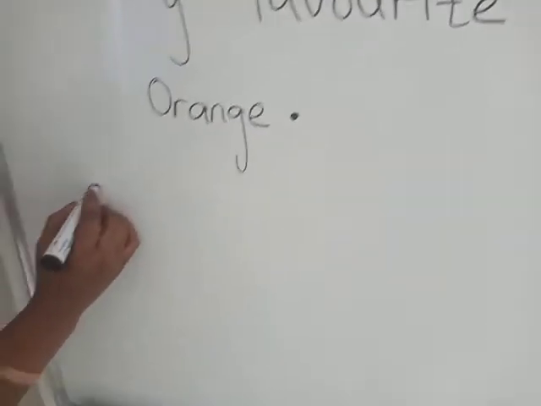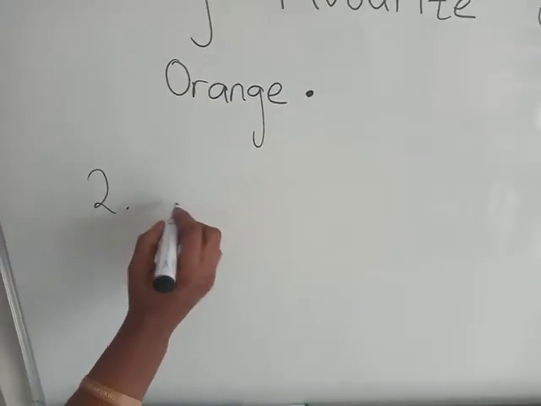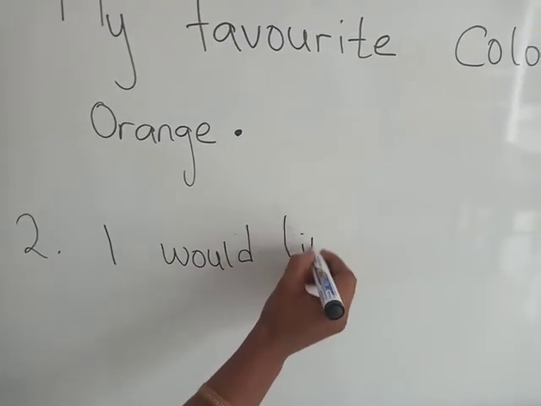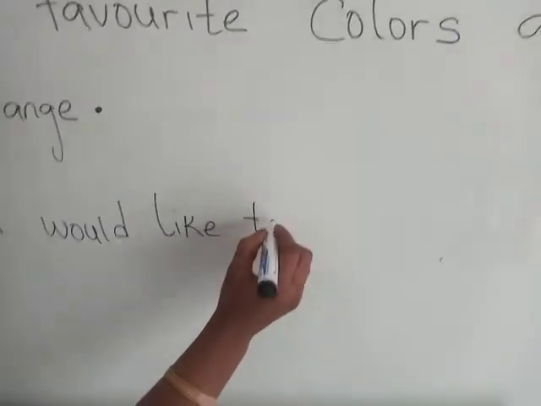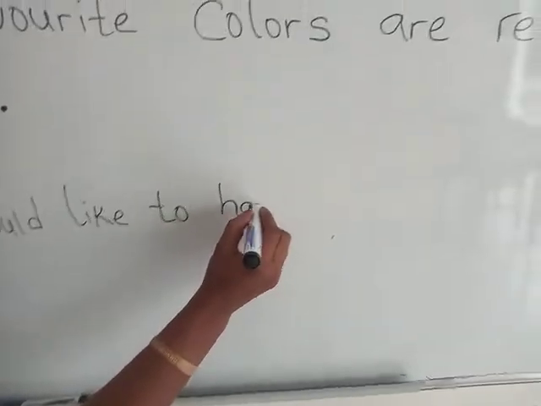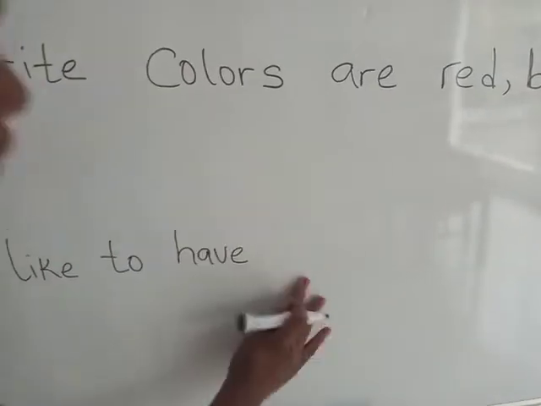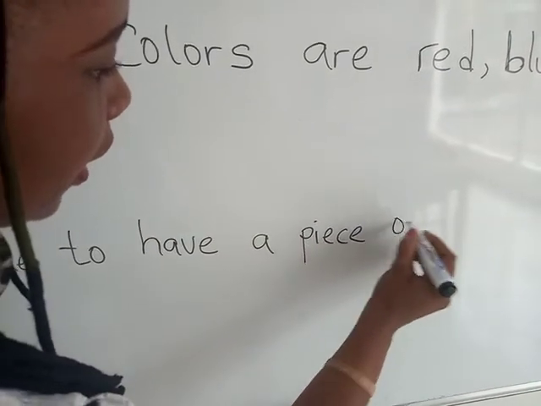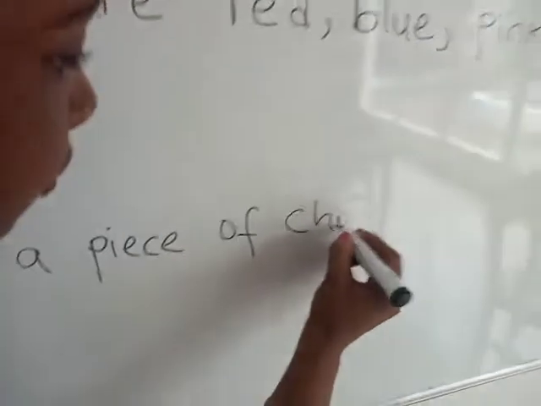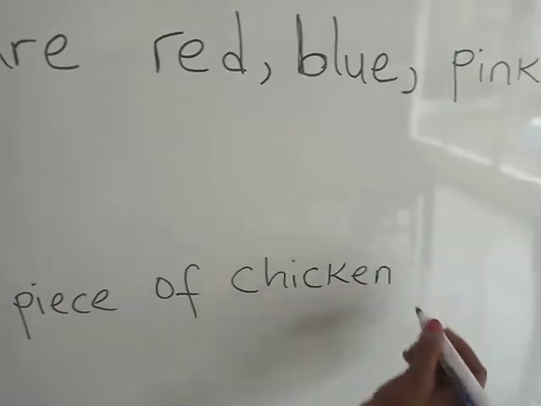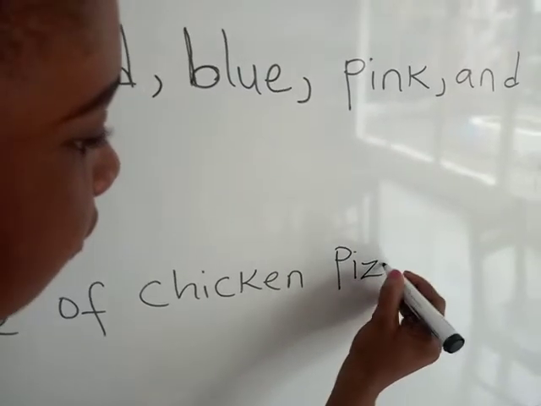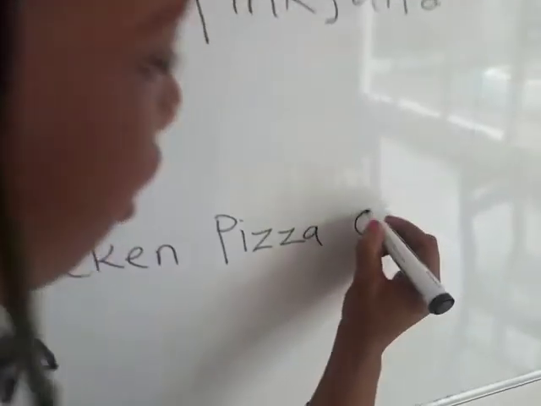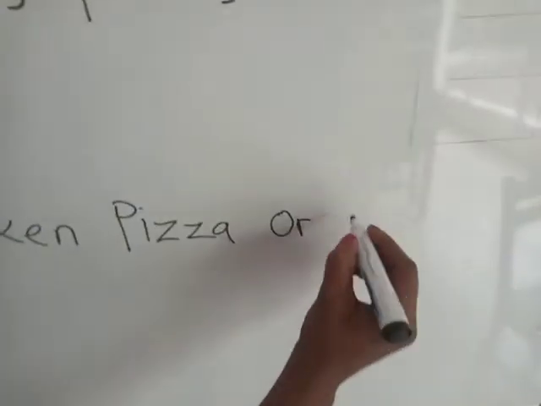Okay, the second example is this. I would like to have a piece of chicken, pizza, or cake.